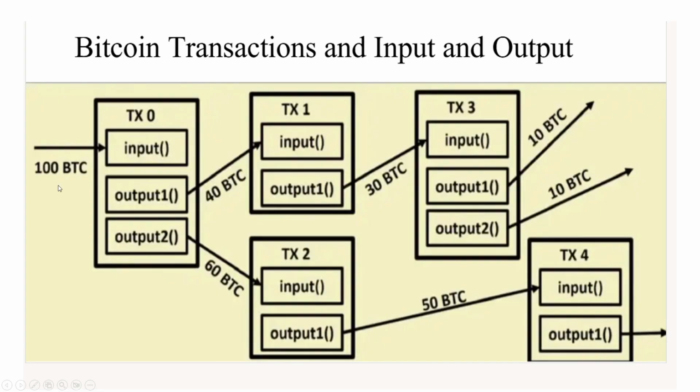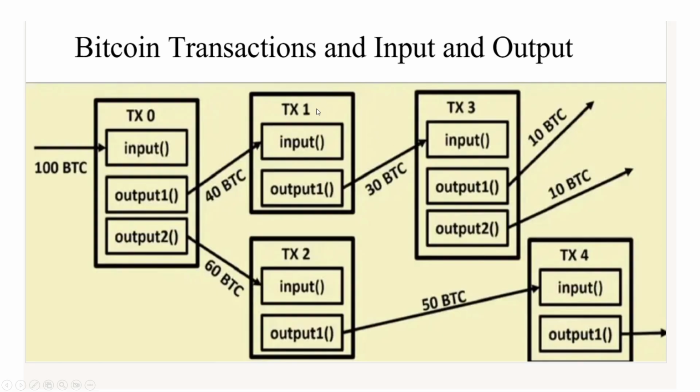When you look at the transaction, see there's 100 Bitcoin coming inside, and once I get 100 Bitcoins, that's the input that I got. I'm going to spend it. In one transaction, I'm sending 40 coins to person A, and 60 coins to person B. So one transaction will have an input, and it has this output also. If you look at this diagram, at any point of time I can trace back.